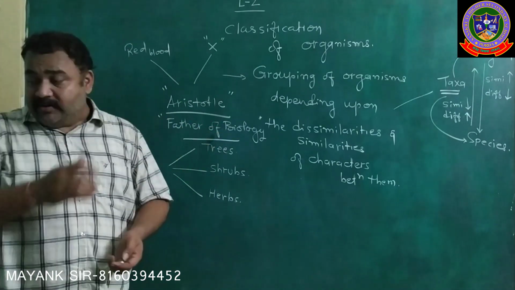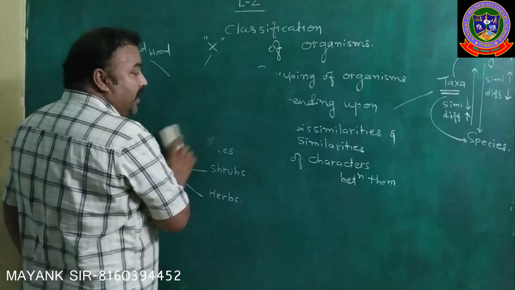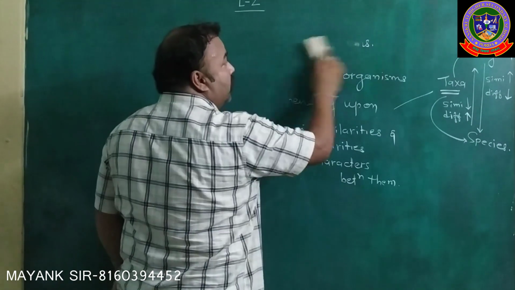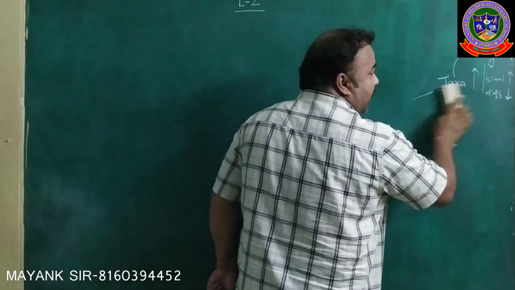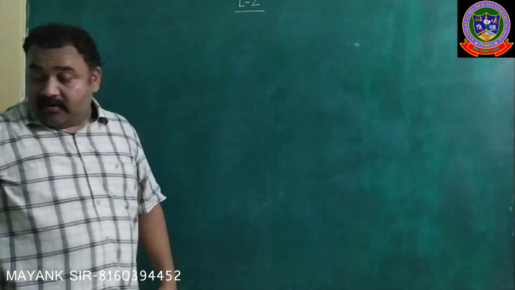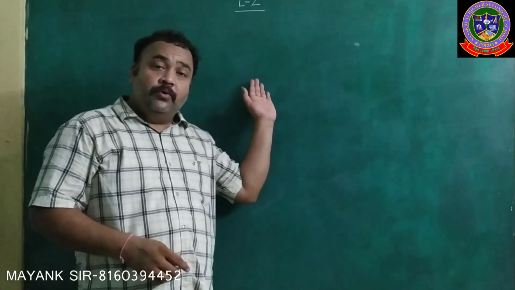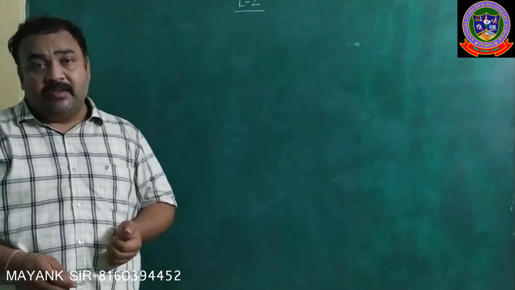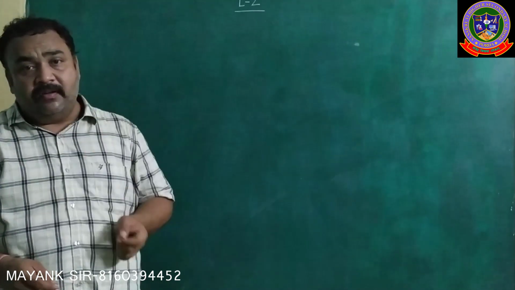Later on, a known scientist, Carolus Linnaeus. I think you must have heard about Carolus Linnaeus. Carolus Linnaeus is known as the father of classification. He proposed a method for naming the organisms, which is called binomial nomenclature method.